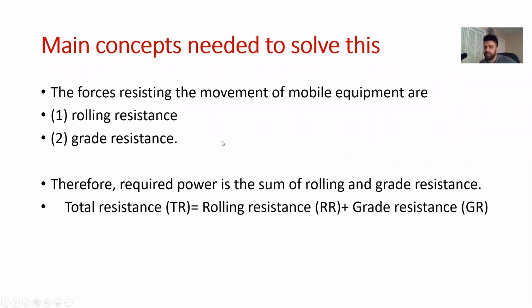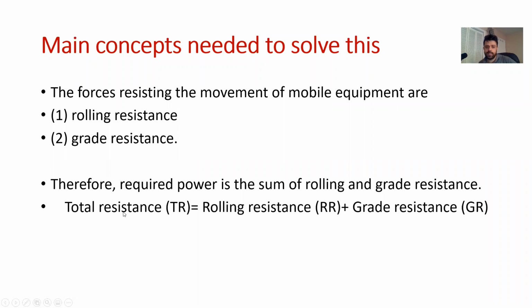When it is 3%, it means for every 100 feet, you are going up 3 feet if it's positive. And if it's negative 3%, it means for every 100 feet, you're going down 3 feet. So therefore, the required power must be greater than the resisting forces.